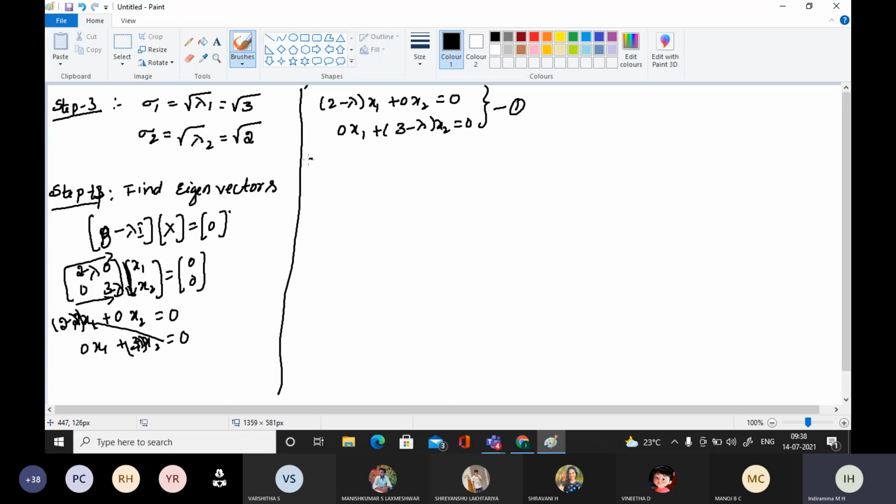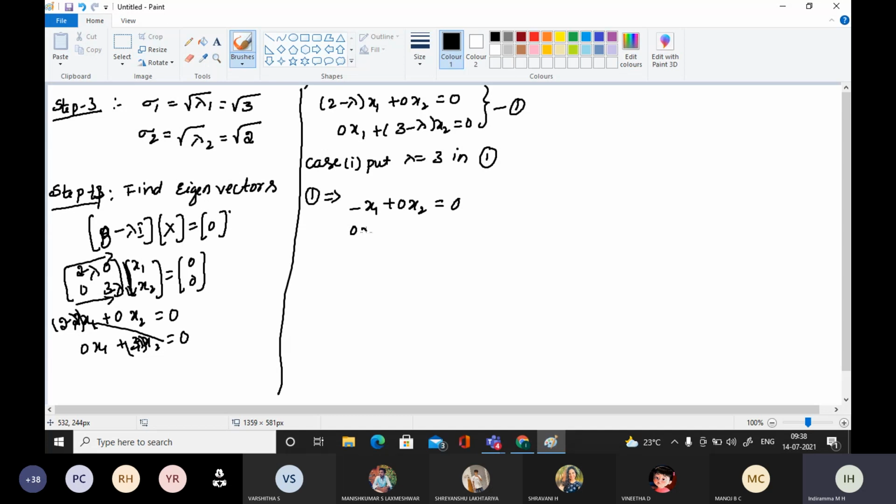Next go for case 1. What is lambda 1? Put lambda equal to 3 in system 1. So the system of equations becomes 2 minus 3, that is minus x1 plus 0 x2 equal to 0.